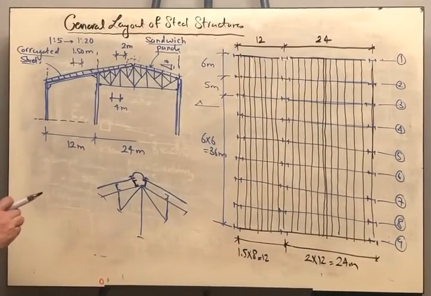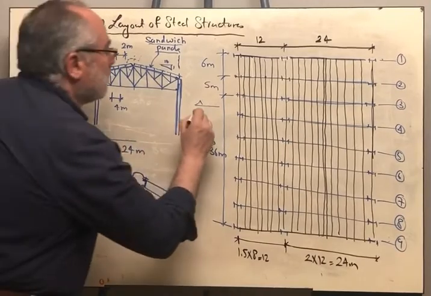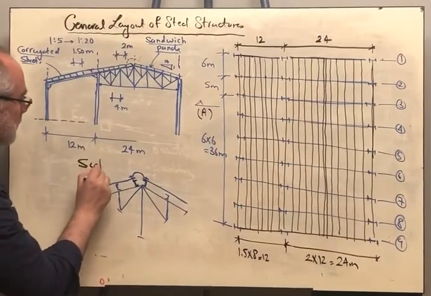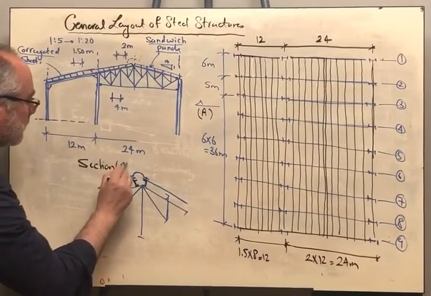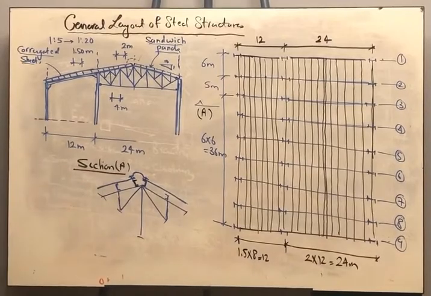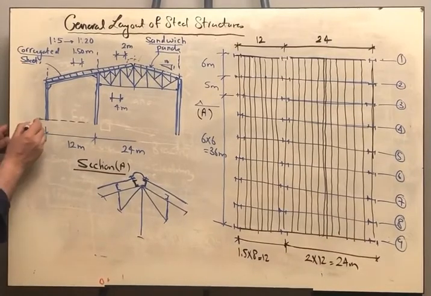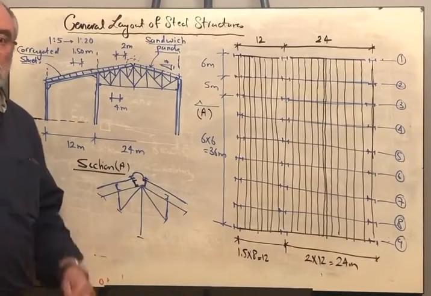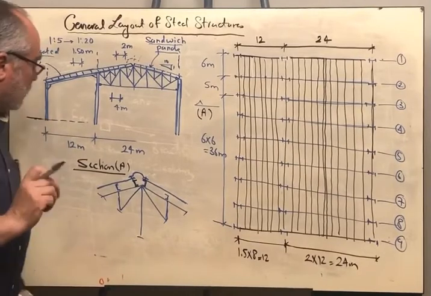Let us continue our elevation. This is, for example, section A. Now, if this is the 0 level, as we have seen together in the previous lectures, we have to provide a concrete pedestal.